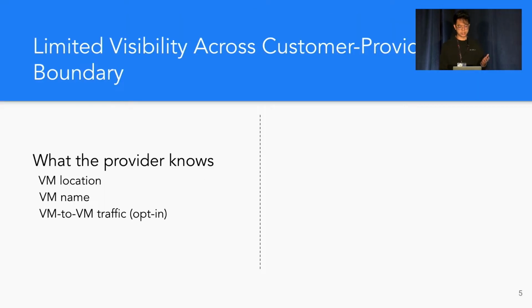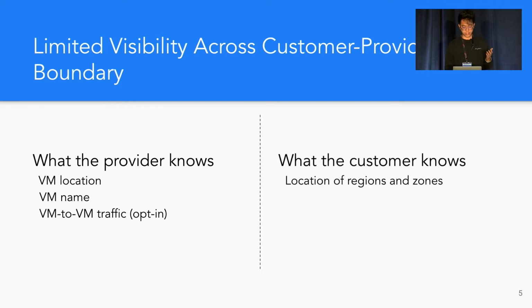To ensure customers' privacy, there is limited visibility across the customer and the provider's boundary. The provider only knows where the VMs are and the VM name. If the customer enables traffic logging, the provider might also know the volume of the VM-to-VM traffic matrix.